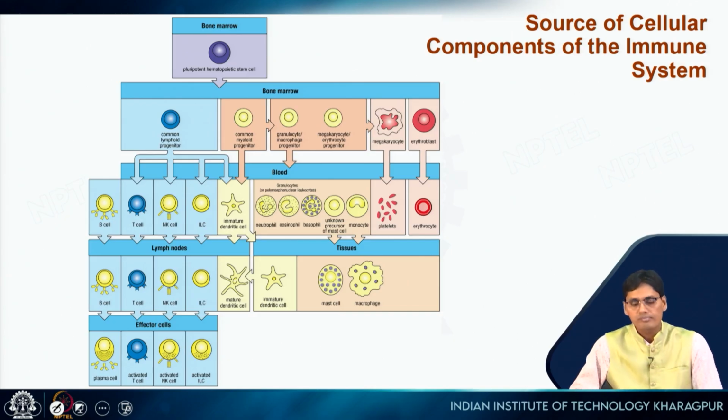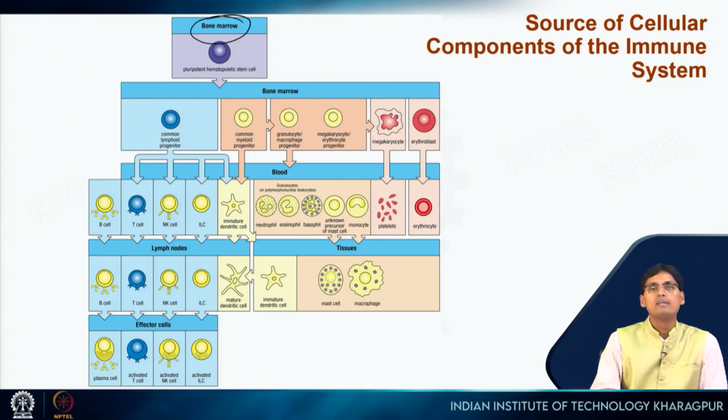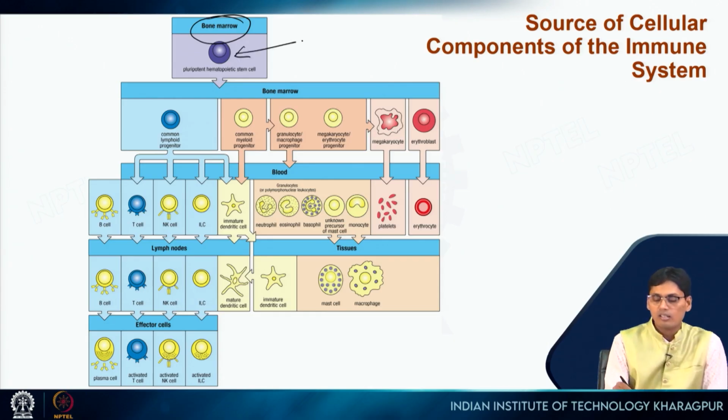So now, all these immune cells, I would say the cellular components of the immune system, are coming from bone marrow. Okay, and the bone marrow has multipotent stem cells.